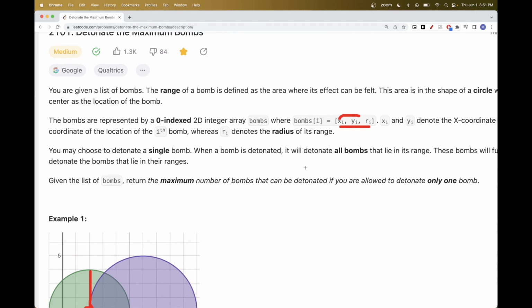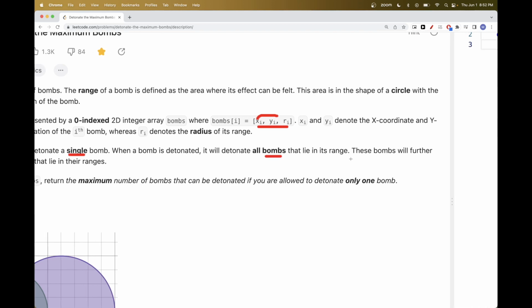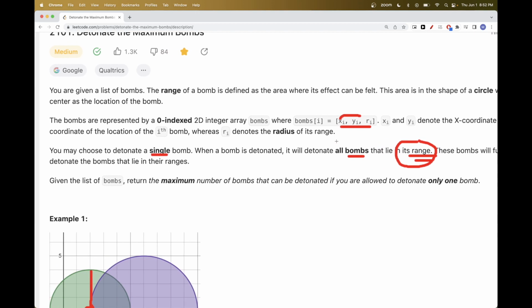And now you can choose to detonate only a single bomb. So we don't detonate multiple, only a single one. But that bomb, once it's detonated, will detonate all the bombs that are in its range. So this is important. Now, we need to clarify what is the range here. What do they mean by in the range?